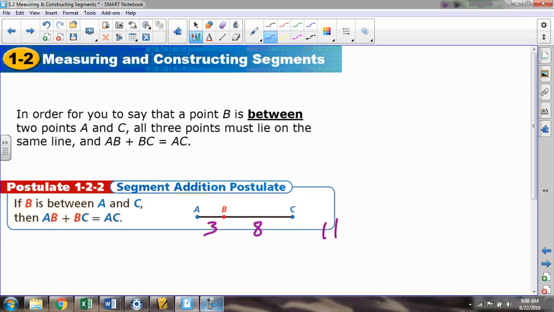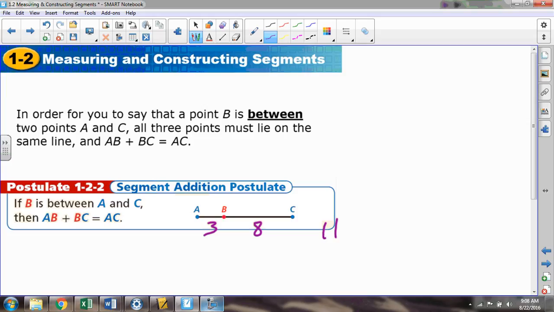This very simple idea is called the segment addition postulate. Remember, postulates are things that we accept as being true without needing approval. Well, you believe that if we put 3 inches next to 8 inches together, they're 11 inches? That's all that this is. It's just saying if we're using 2 pieces next to each other, their individual lengths add up to the total length.